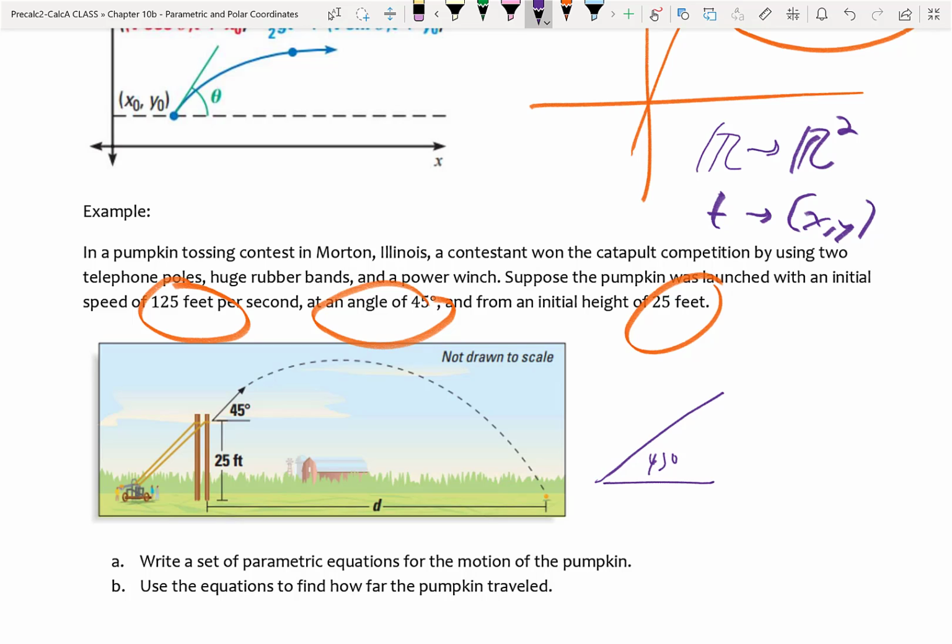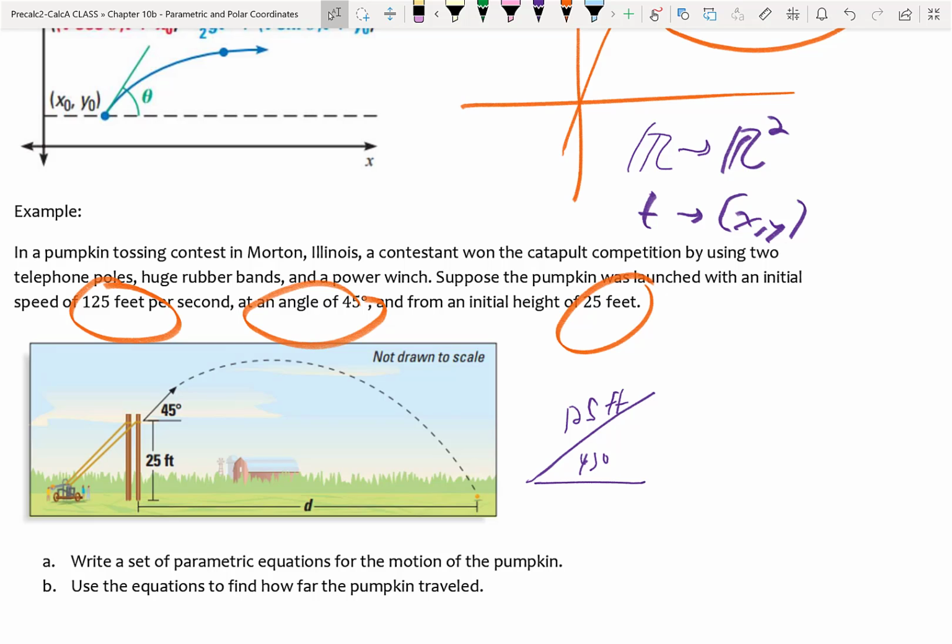Its initial speed is launching up at 125 feet per second. What you guys should know about vertical and horizontal components of this is that I want to break that down into both of those. So its initial speed in terms of x, we'll call it v sub x 0, like its initial velocity in terms of x.